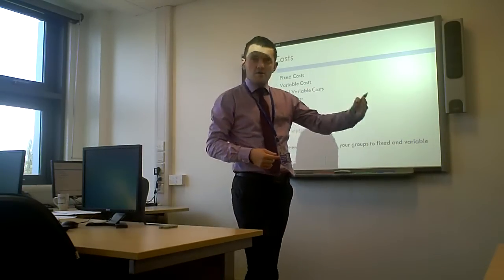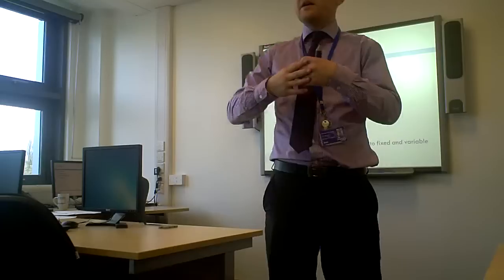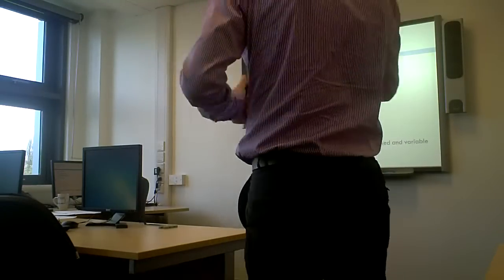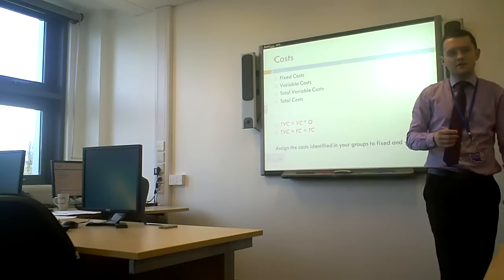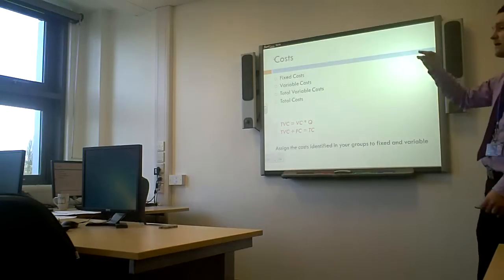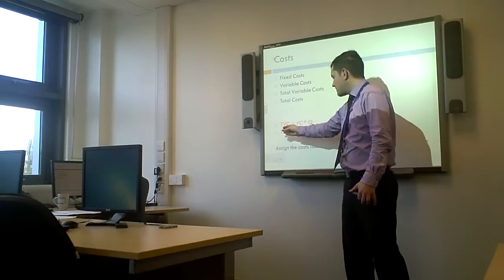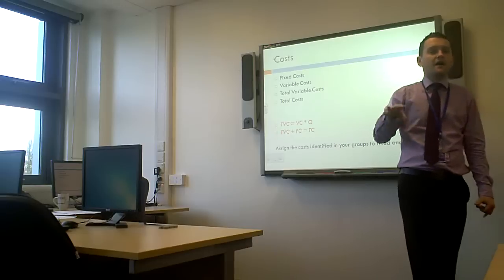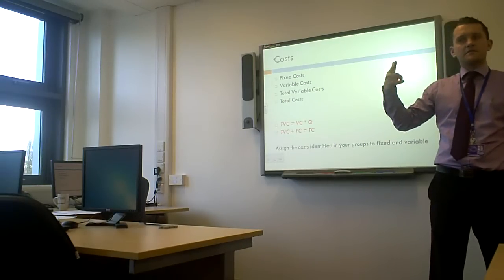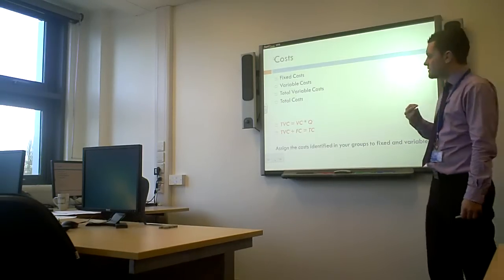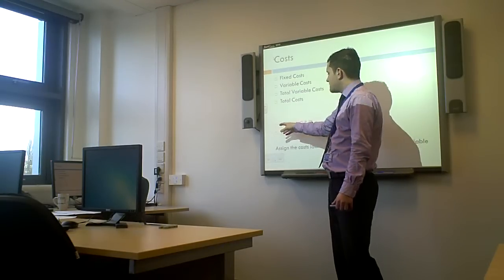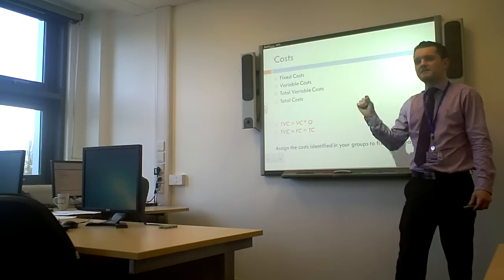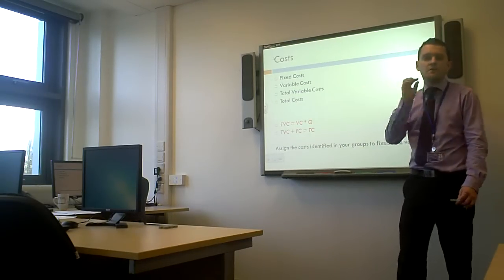If you miss one bit, it's going to be quite hard for the next. For example, I might start talking about total costs, and if you don't know how we came to calculate that, it's really hard to understand the next step. All this is saying is total variable costs is your variable costs times Q. Q is quantity.